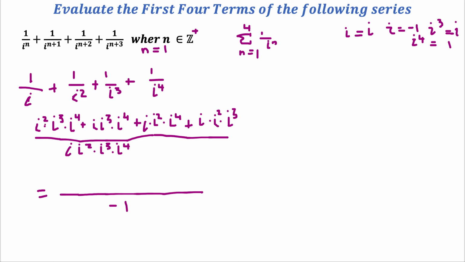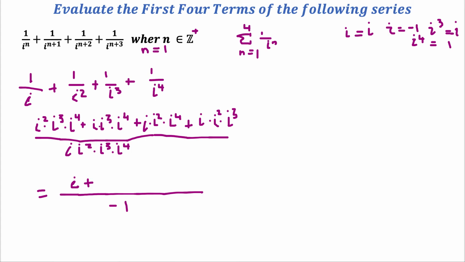And now i squared is minus 1, and here is minus i. Minus i times minus 1 is plus i, but i to the 4 is 1, so it is just i. Here is a plus. Here i to the 3 is minus i, times i is minus i squared.